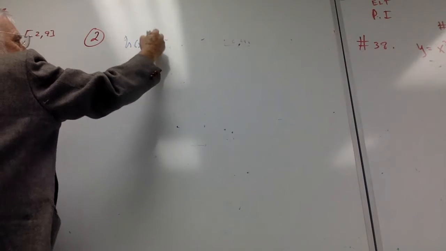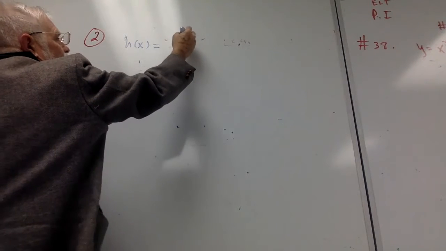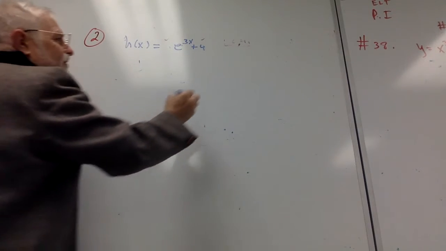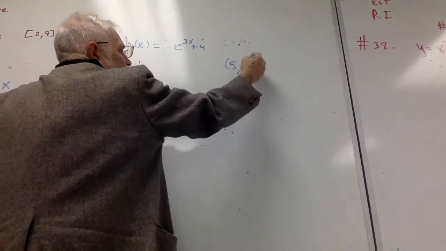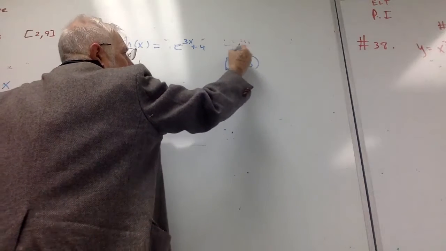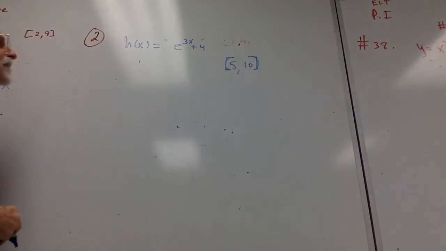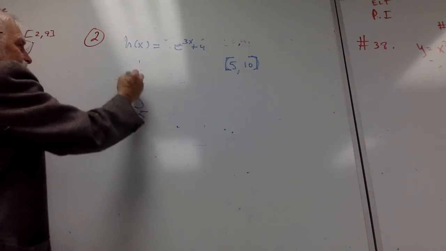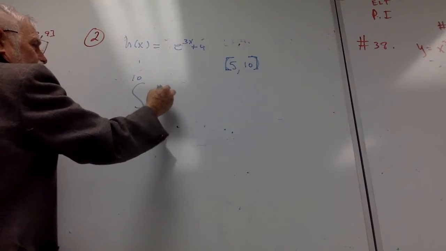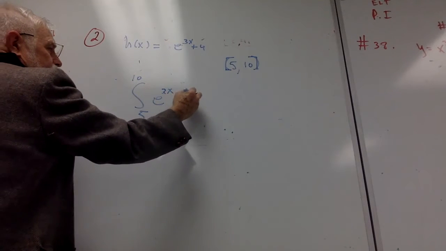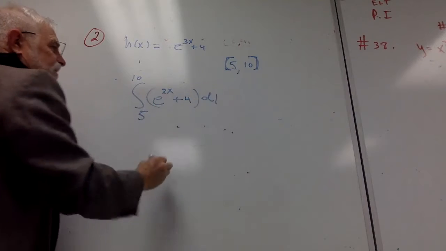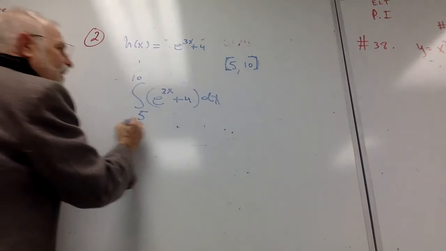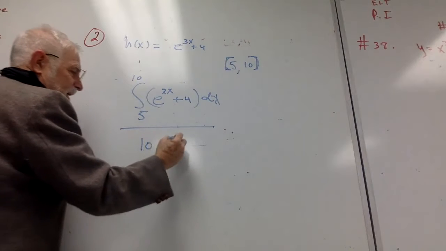Let's look at h of x is equal to e to the 3x plus 4. I would like the average value of that function from 5 to 10. All right, so what do you do? You integrate from 5 to 10 the function I give you. Step 1, integrate from 5 to 10 the function I give you, and then divide by 10 minus 5.